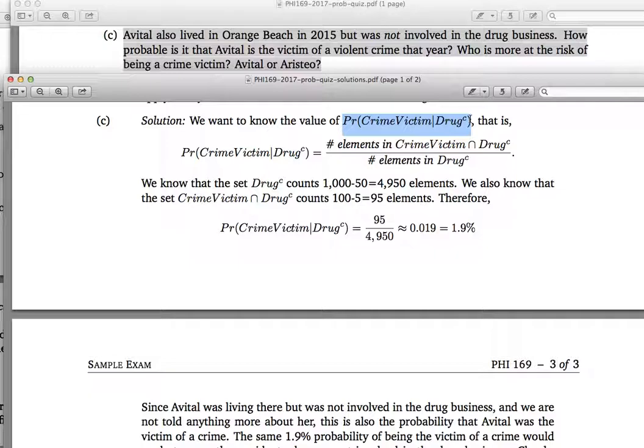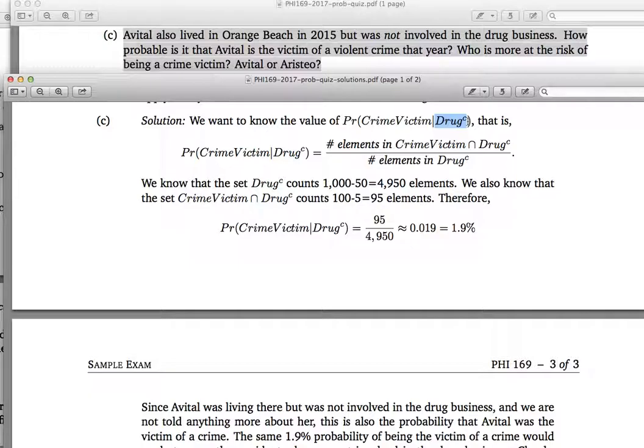Remember that the operation of complement picks out all the elements that are not in the said set. This is appropriate in our case because the condition we are considering is not being involved in the drug business. That's all we know about her. So the condition we want to consider is precisely drug complement, which means the event of not being involved in the drug business.